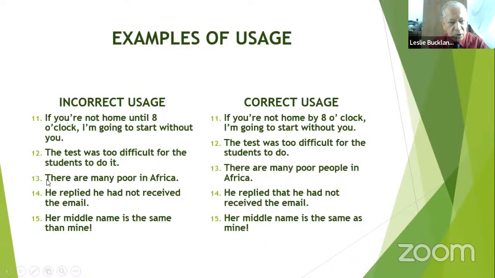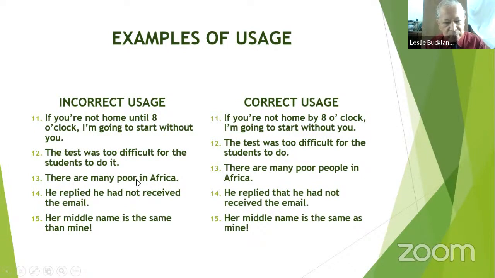Number 13, incorrect usage: There are many poor in Africa. A lot of people still use the adjective poor like a noun. There are many poor, understood to be poor people, but they don't put the word people. We have that in other languages.